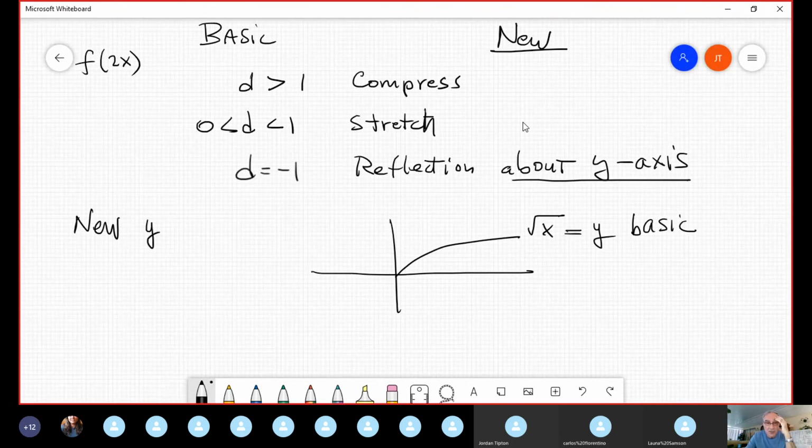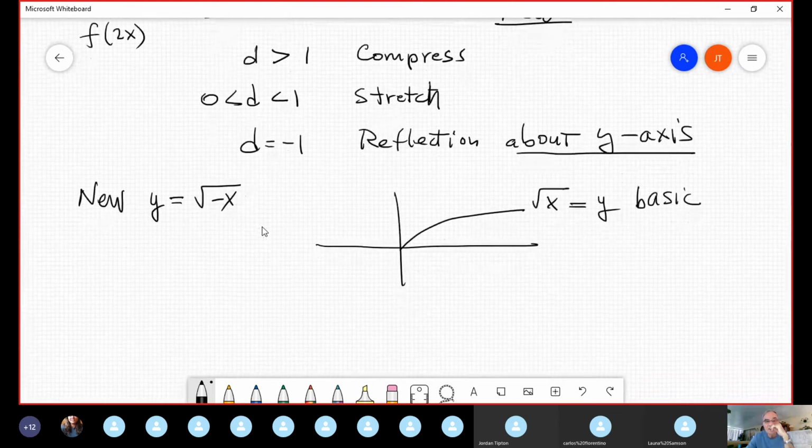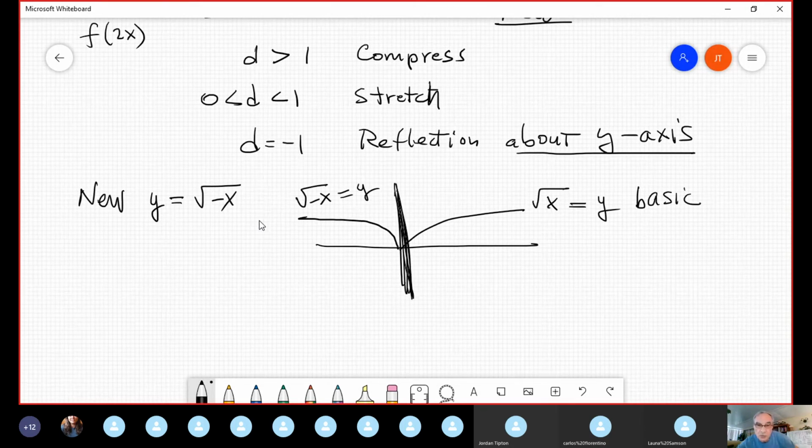This is the new one, y equal square root of -x. This is the transformation: -1 inside the parentheses gets the same inside. Therefore, it's like that. The function after the reflection, but a reflection about, or across, the y-axis. Super.